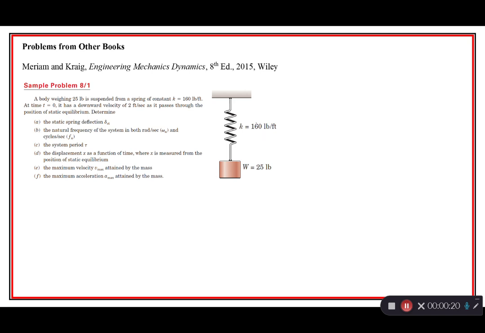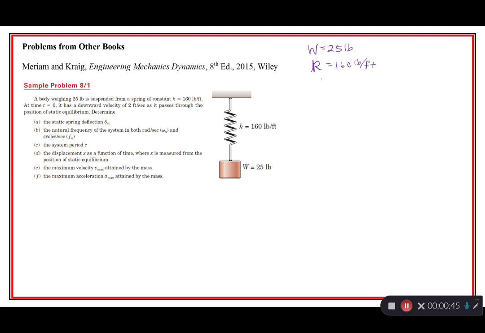We have a mass-damper system. I'll work through here, saying that we see the weight is equal to 25 pounds. We've got to remember we're going to turn that into a mass in order to use it. We also have K equal to 160 pounds per foot. There's no dampers, so we don't have to worry about that.